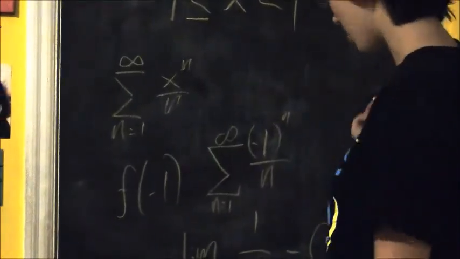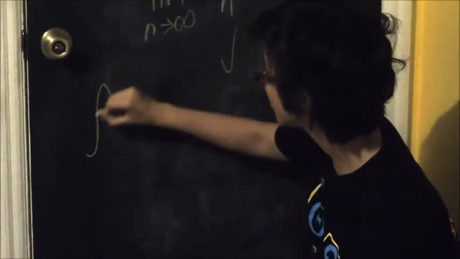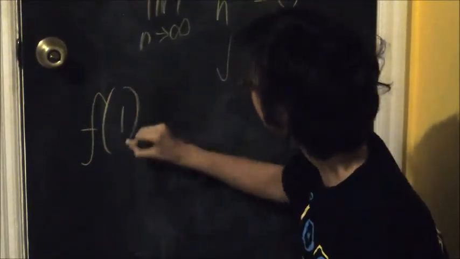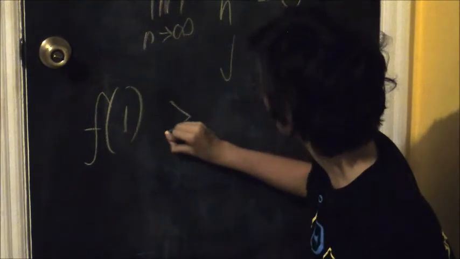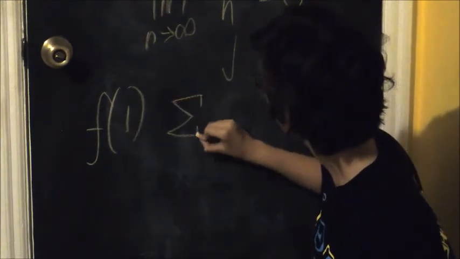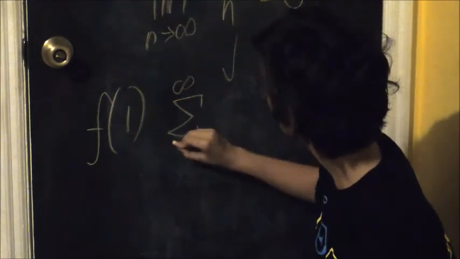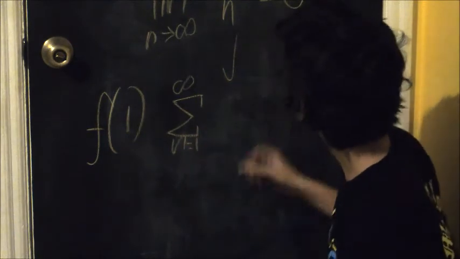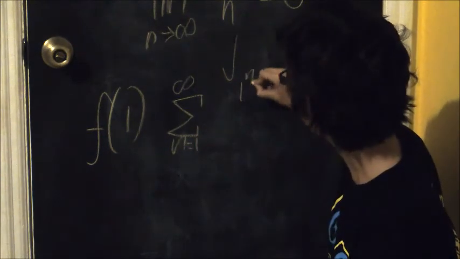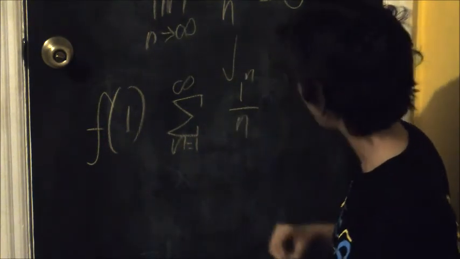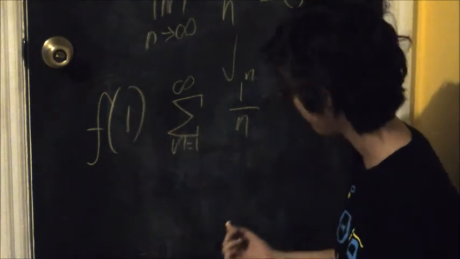So now we test 1. So now we're going to do f of 1, which is 1 to the n over n. 1 to the n is just 1.